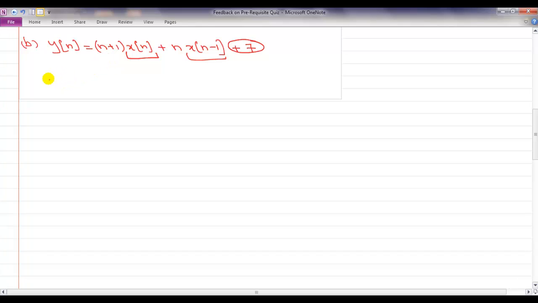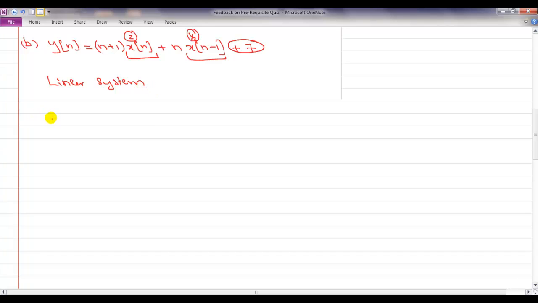So because of this, this is indeed a linear system. If instead of this, I had, for example, a power of 2 here, or maybe a power of 1/2, or any other power on the input, then it would not have been a linear system.